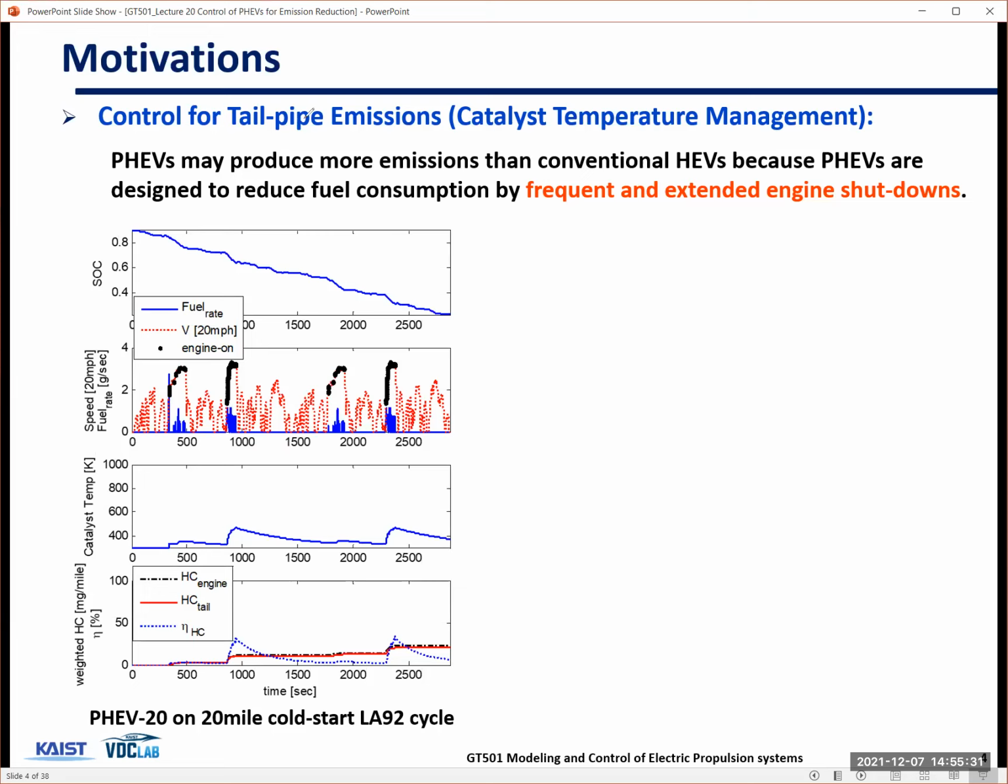So that last slide was about how a conventional after treatment system works, to give you an idea of how it works, for a gasoline engine. For diesel engines, it's more complicated, but conceptually similar.